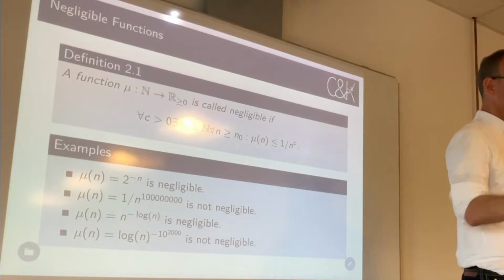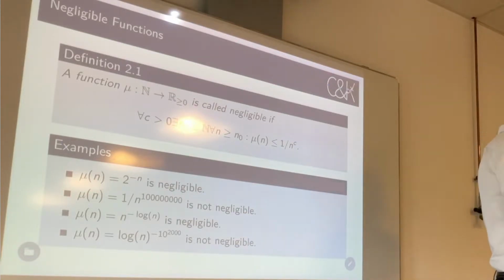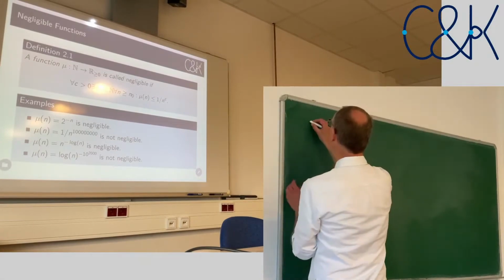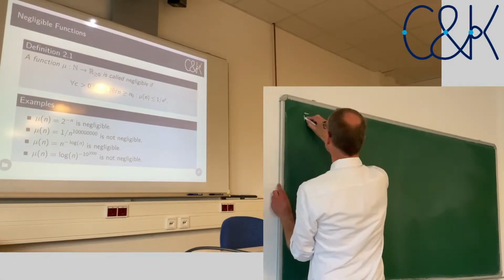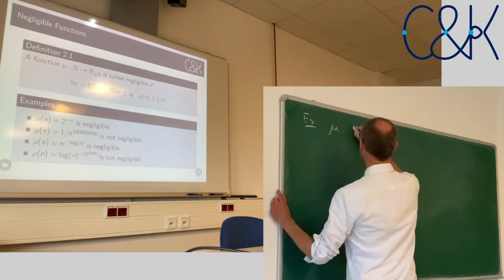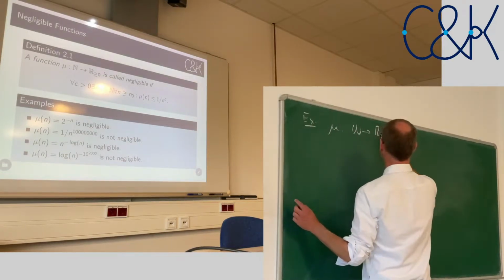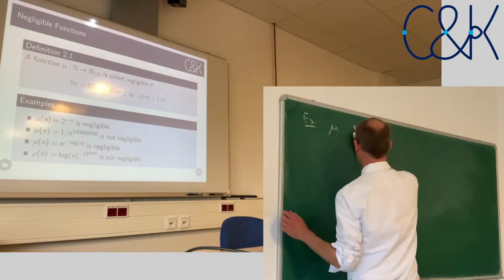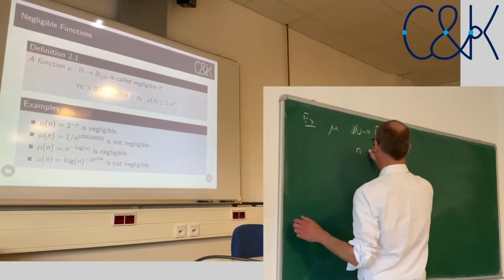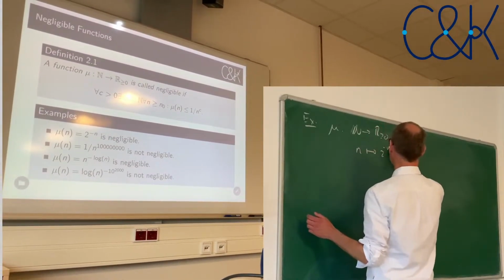The function 2 to the minus n is negligible. Let's see, 2 to the minus n. So mu of n, once I write this really formally: n is mapped to 2 to the minus n is negligible.